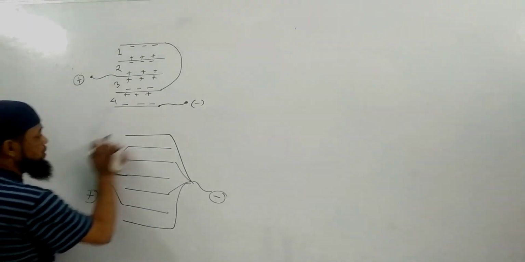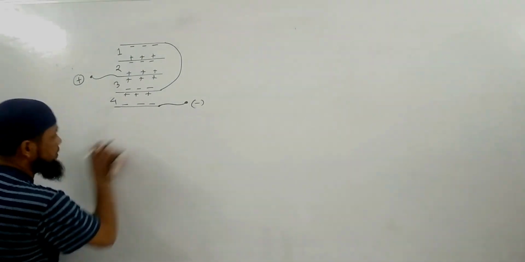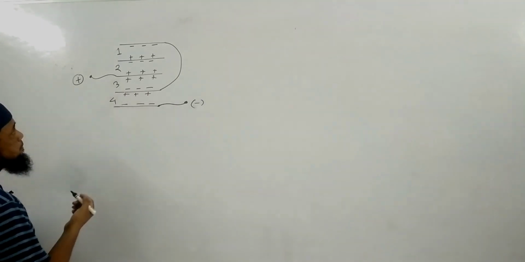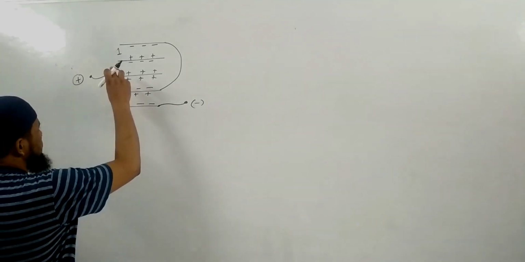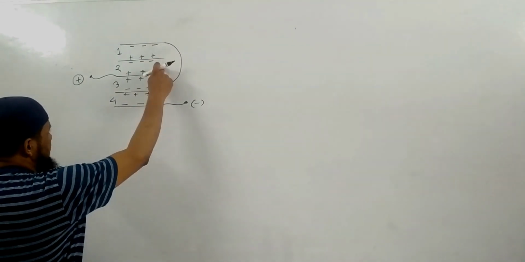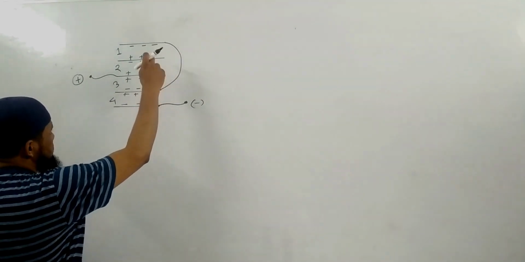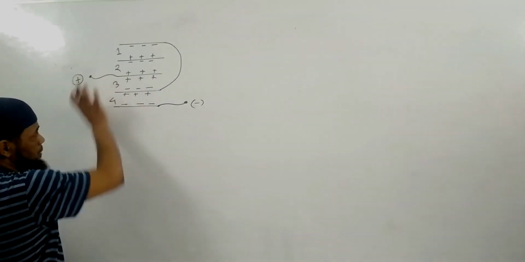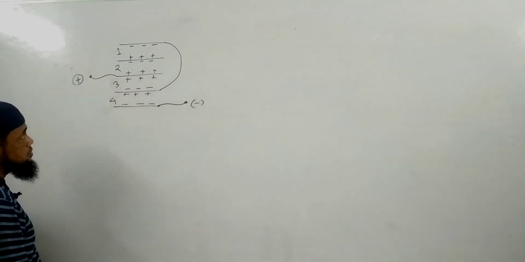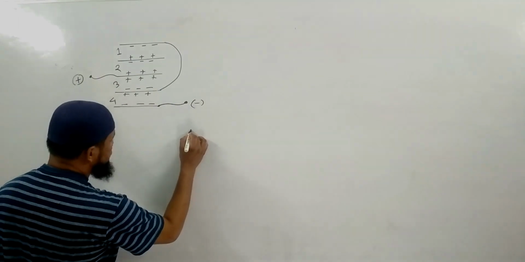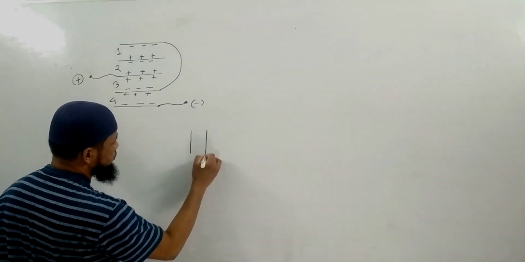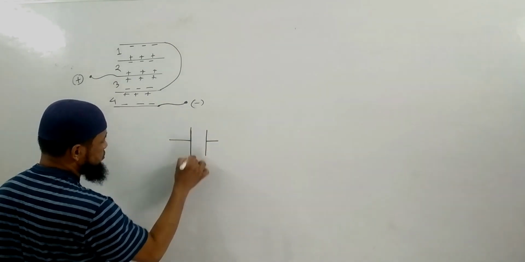But here we have to figure out whether this is parallel or in series. So let us start with capacitor first, second, or we can start with the third capacitor. That means I want to take one terminal. Let me take capacitor number 2, just started blindly.